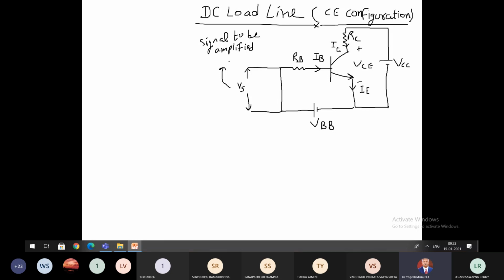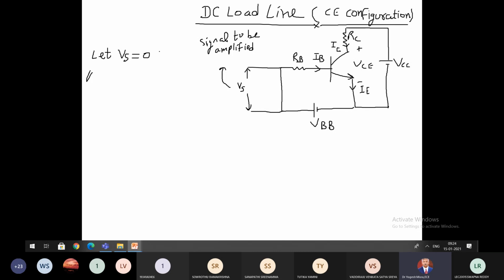Okay. So let Vs be 0, right? We have not applied any signal. Now we see this circuit. Here we have two batteries, VCC and VBB.